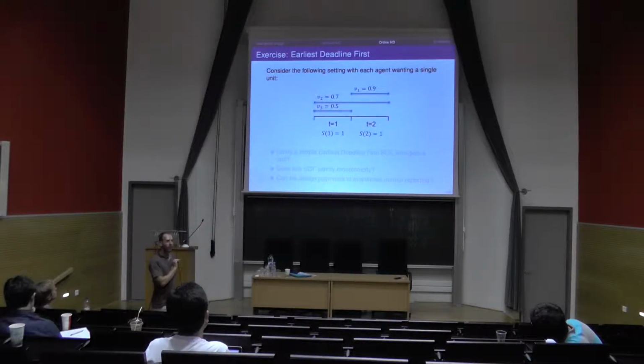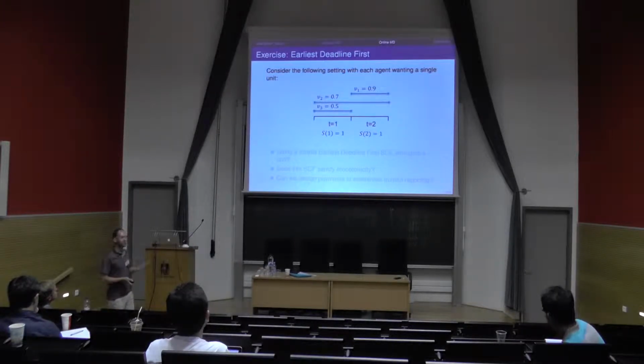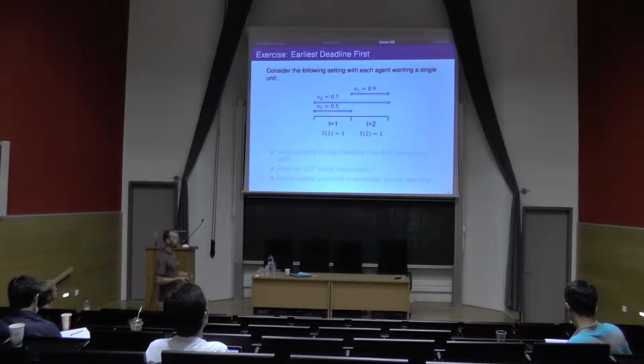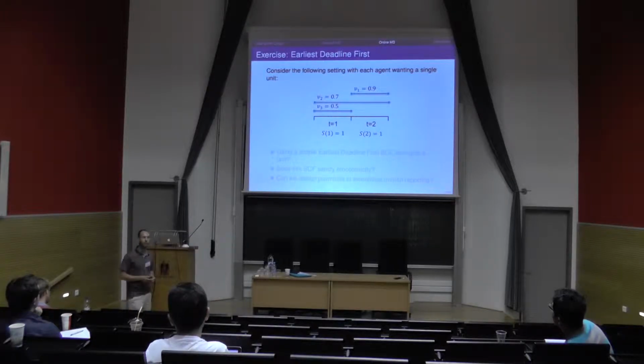Now these kinds of allocation problems, where resources become available all the time, like computational resources or electricity, and agents arrive over time. I don't know if you've noticed, but it's a scheduling problem. So it's online scheduling. A famous heuristic in the online scheduling problem is to allocate the resource to the person with the earliest deadline first.